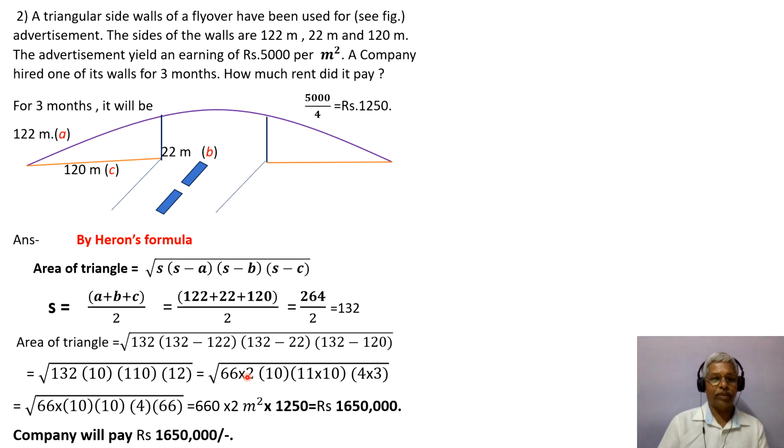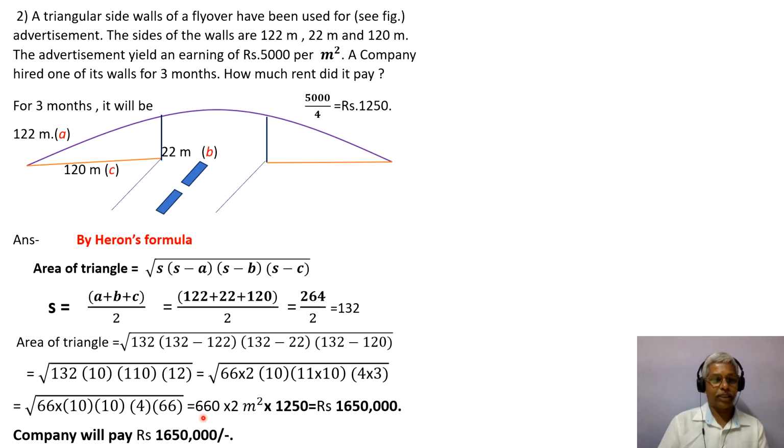Now we are left with 2, 11 and 3 all multiplied. So the multiplication of all these three numbers is 66. So you can take 66 out and 10, into 2. Got it?